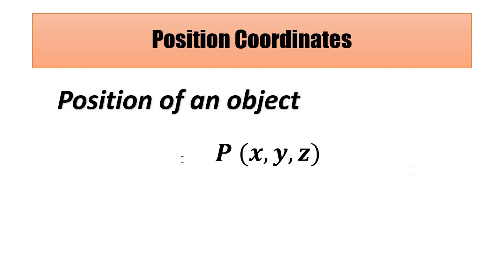Now, in one-dimensional motion, motion was restricted to one straight line. It was also called rectilinear motion or straight line motion. So only one of the position coordinates changed, while the other two remained constant.